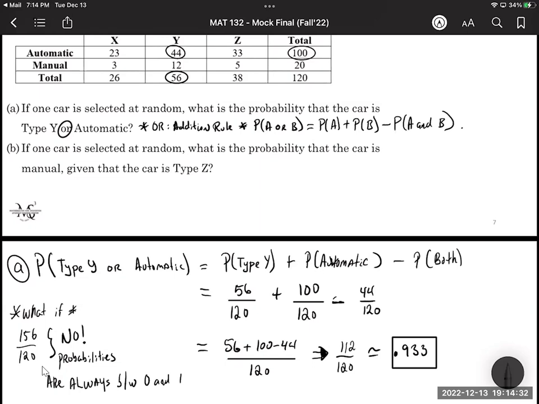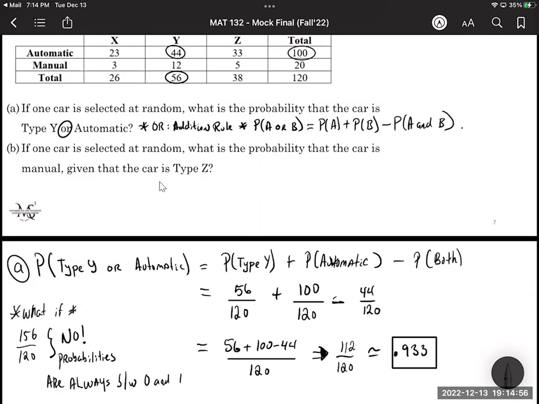Okay. All right, now that I established that for part A, let's talk about part B. Part B states: if one car is now selected at random, what is the probability that the car is manual, given that the car is type Z? So what is the key word when you read part B?